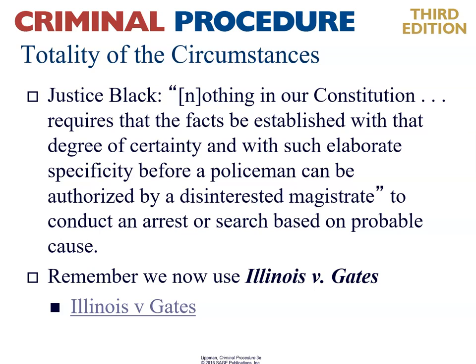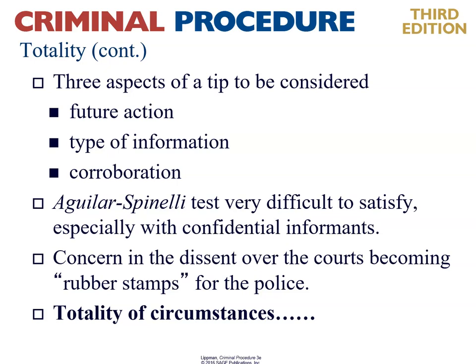So now, remember, we use the Illinois versus Gates case. And if you want to know a little bit more about that one, there's a link listed right there. So, again, this talks about the totality, okay? And when they look at this totality of circumstances, the court explained that the veracity and basis of knowledge prongs are not independent requirements, both of which must be established.